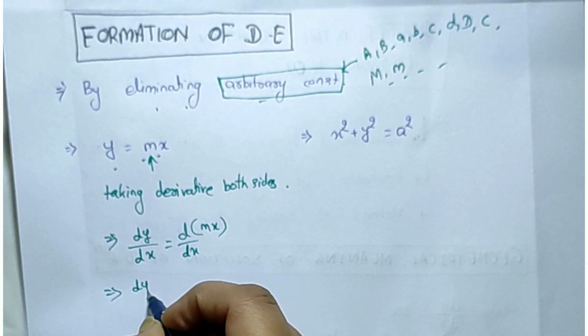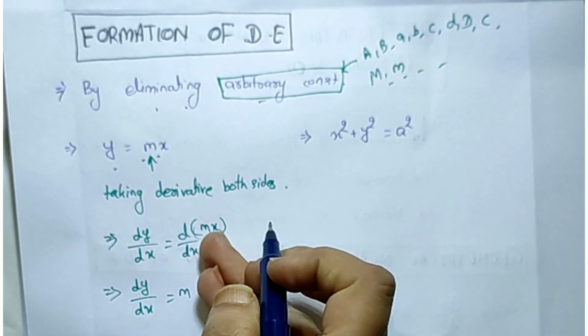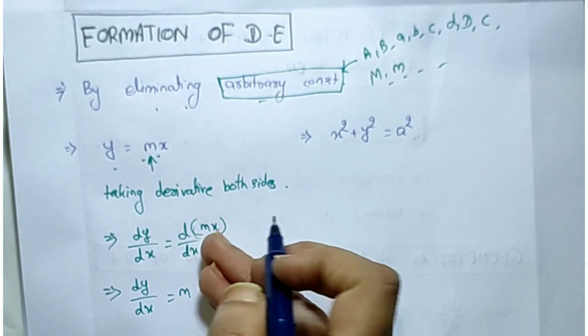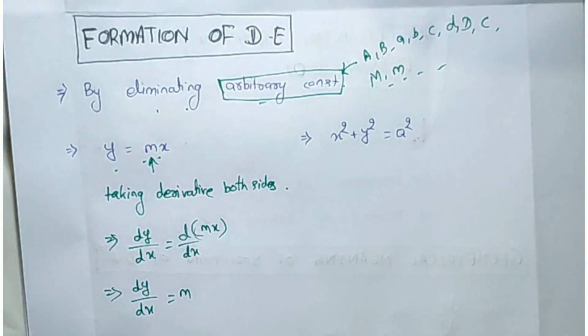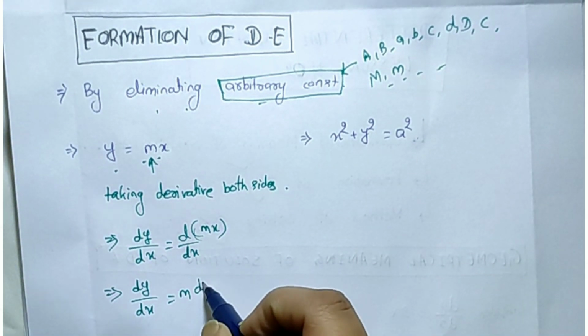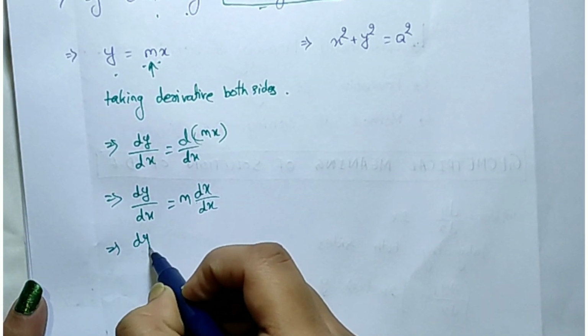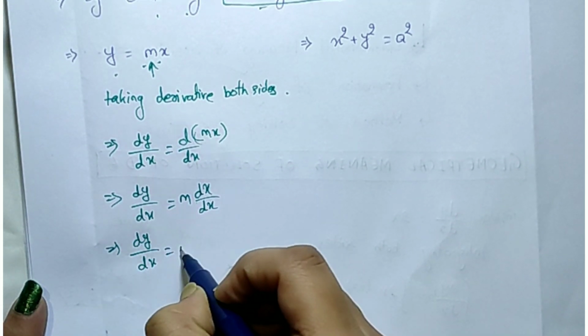Implies that dy by dx is equal to m, since m is a constant, so we can take it out of the derivative and then differentiate the other terms, which implies dy by dx is equal to m.